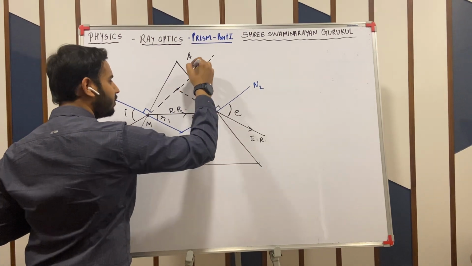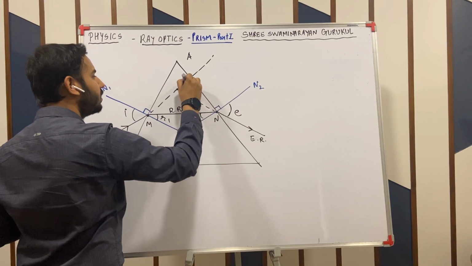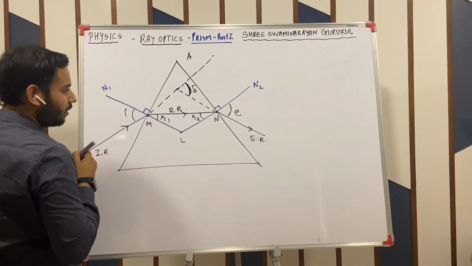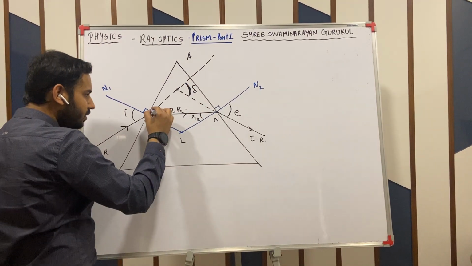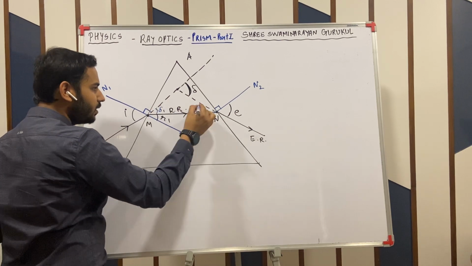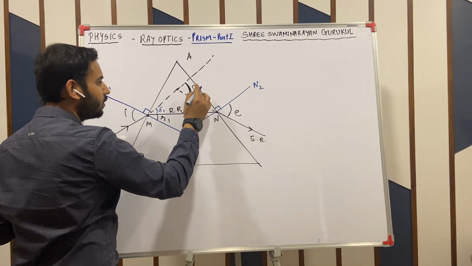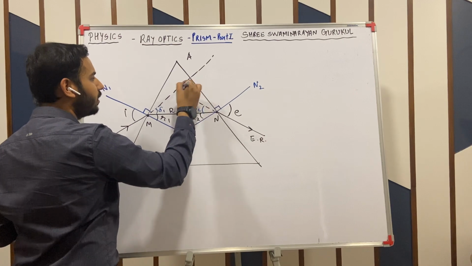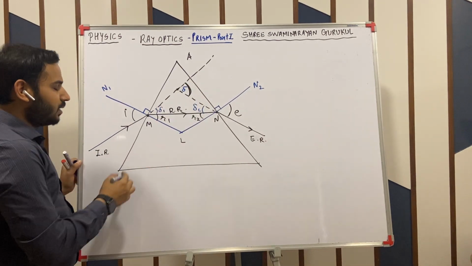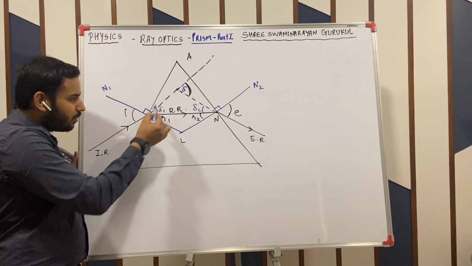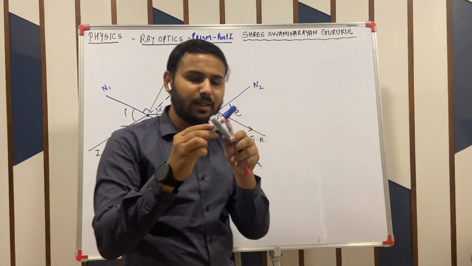This is the actual direction of the light ray. So this angle is delta. This angle is delta 1, this angle is delta 2, and you can say this whole angle is delta. Now see these vertically opposite angles, where two lines intersect each other.